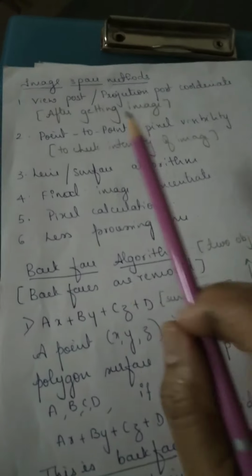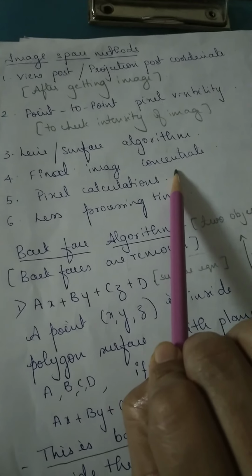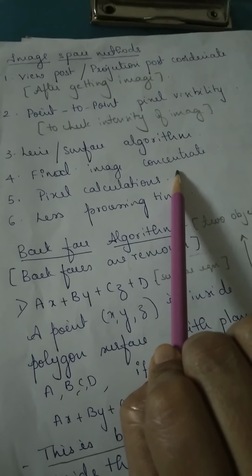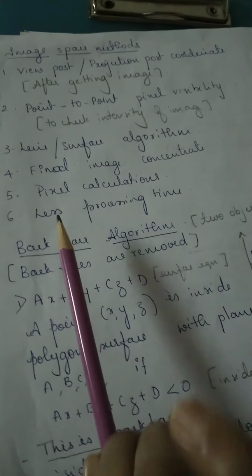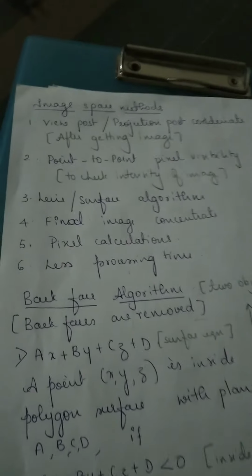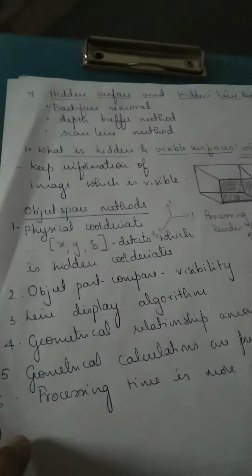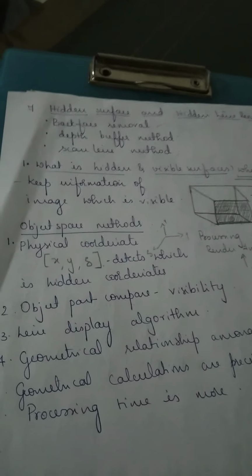If we compare this with the image space method, we need to concentrate on the final image, and pixel calculations are accurate and take less processing time. This is about the two different approaches under hidden surface and hidden line removal algorithms.